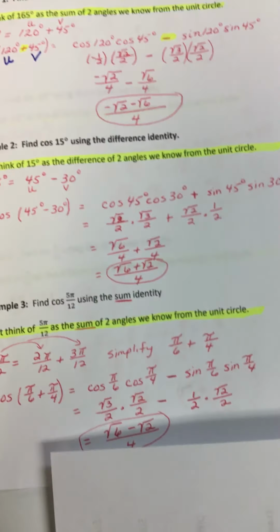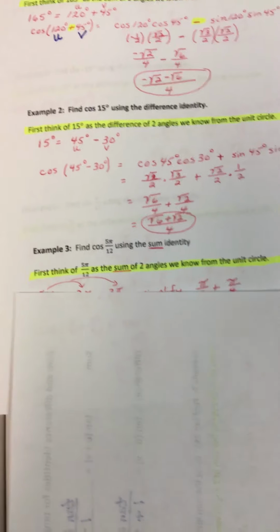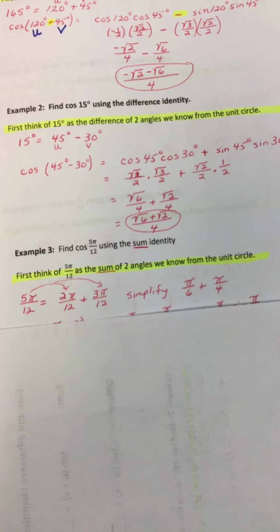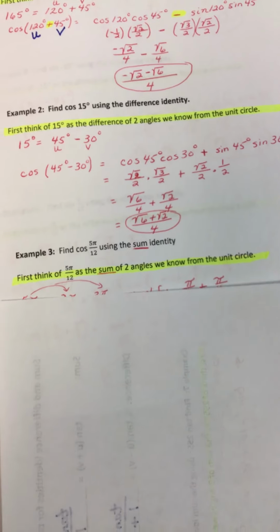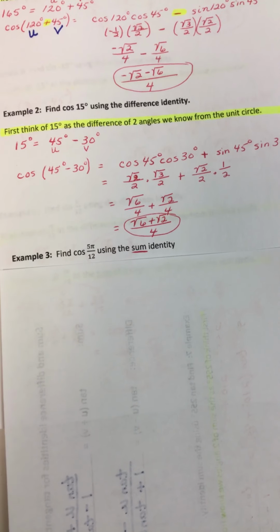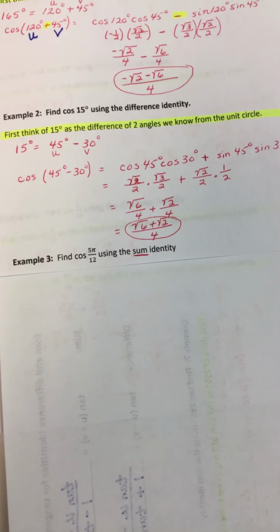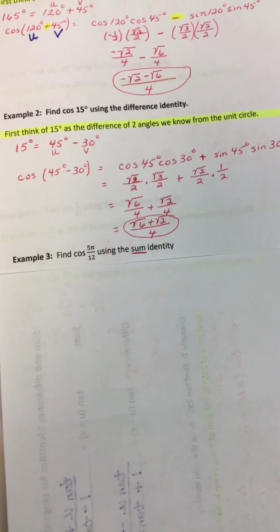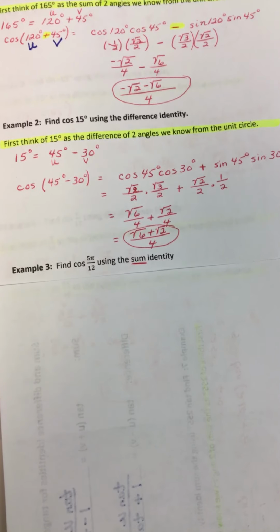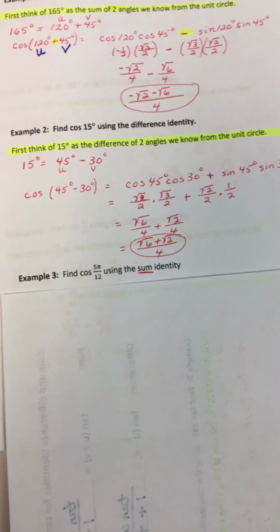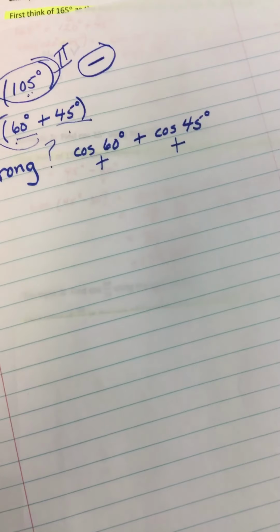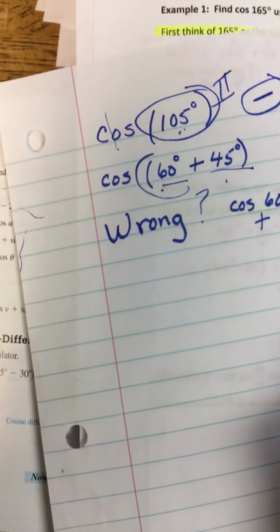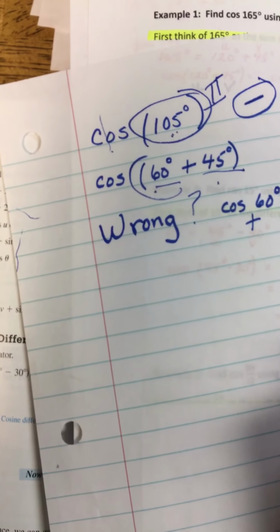Now I'm taking it up a notch, and I'm talking about an angle as it's measured in radians. So I need to think about 5 pi over 12 as adding 2 angles that I'm familiar with. And you're going to say, I don't know any pi over 12s, and you don't.